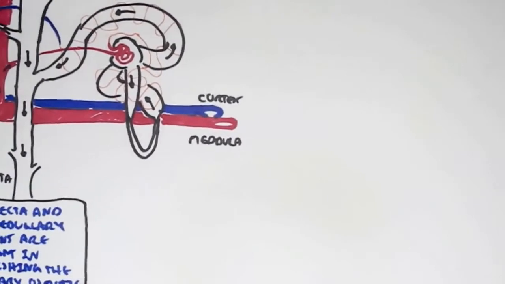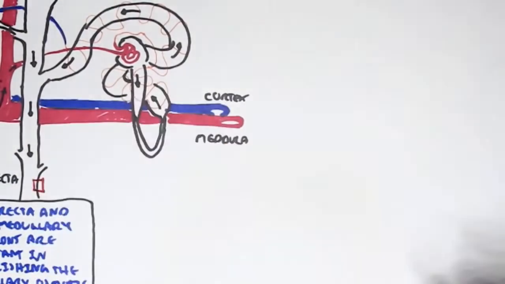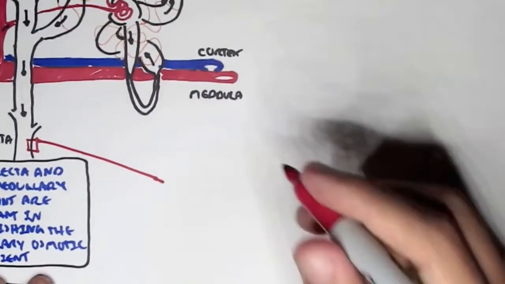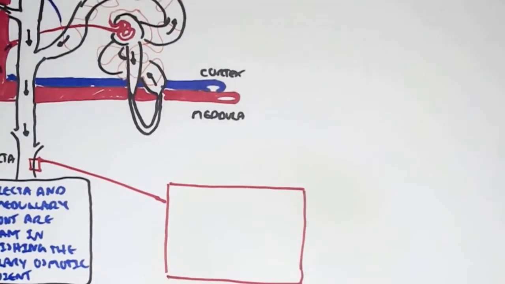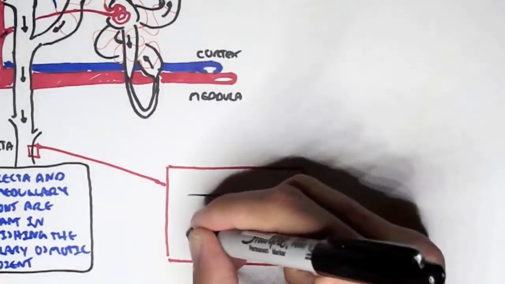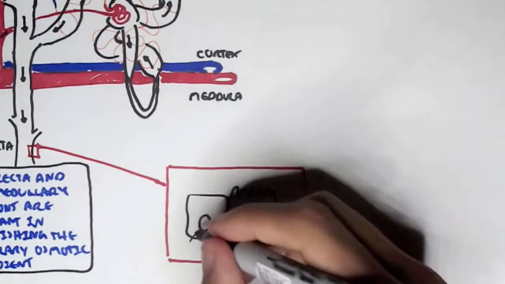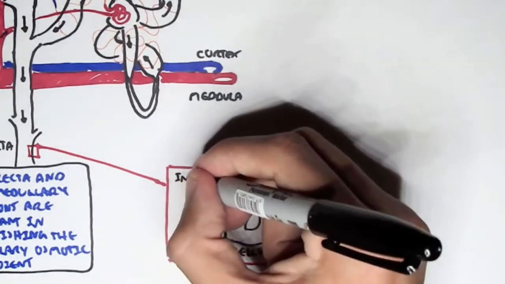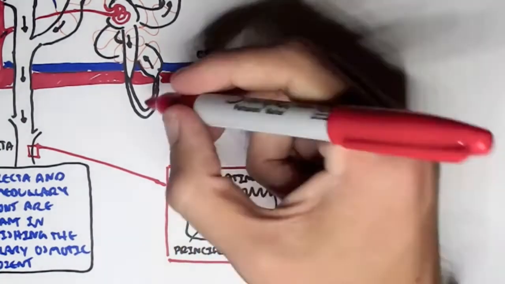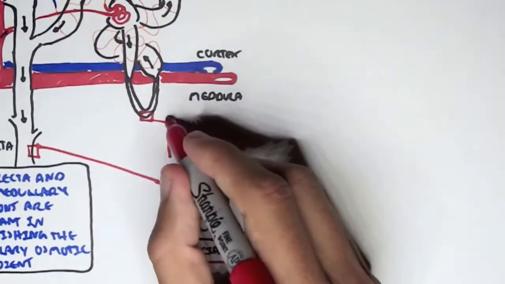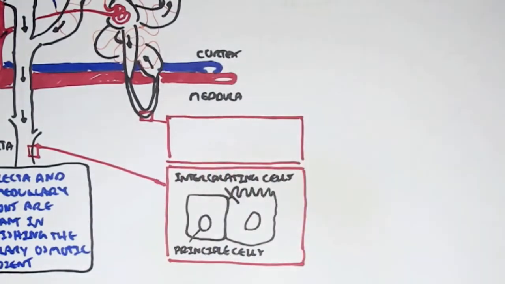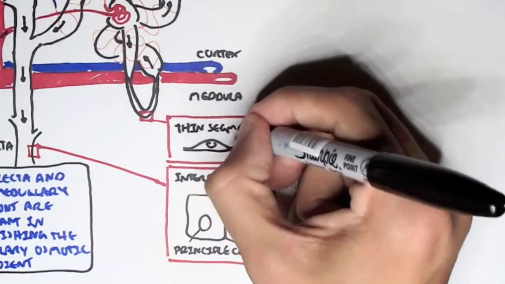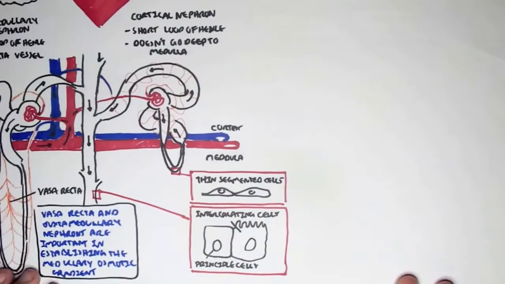Finally, we can look at the different types of cells all along the nephron. Let's begin with the collecting duct here. They consist of two types of cells mainly, the cuboidal cells, the principal cells, and the intercalating cells. And then let's look at the loop of Henle. The loop of Henle has these thin segmented cells which are epithelial-like cells, so it's very good for reabsorption and secretion.